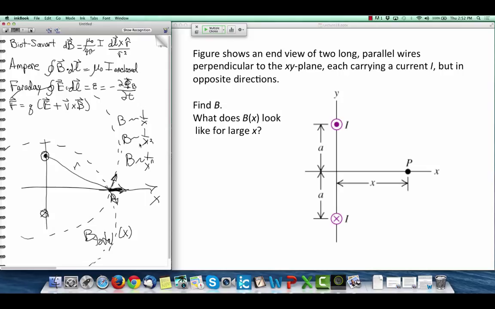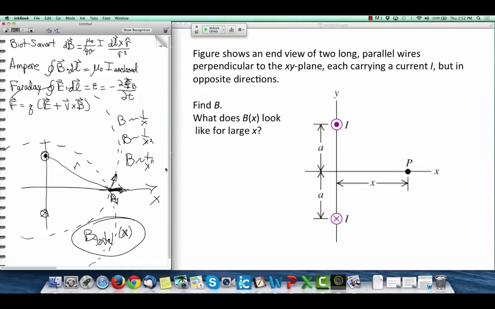Basically, you can think of this as a Taylor series expansion of whatever you calculate for B of x, an expansion in terms of however you can approximate this to find out how B changes with position.